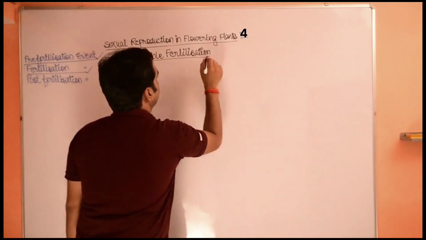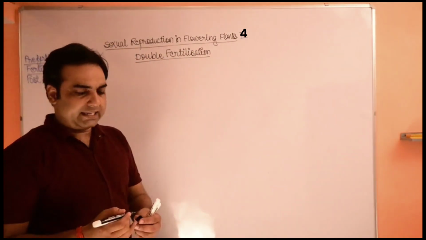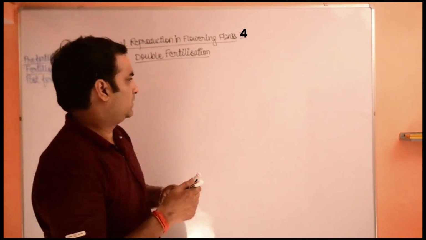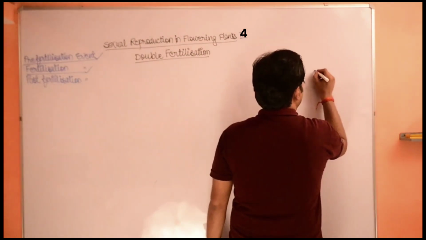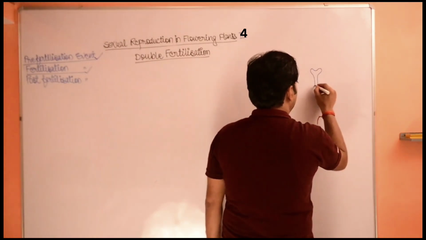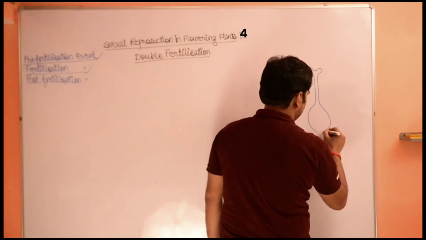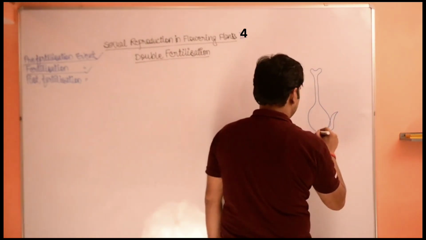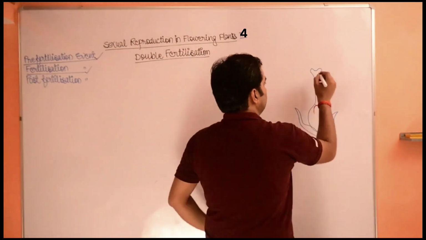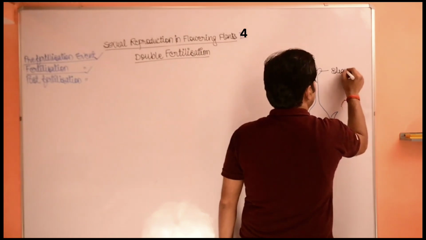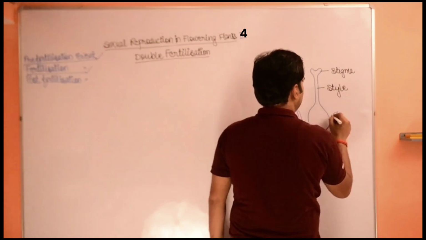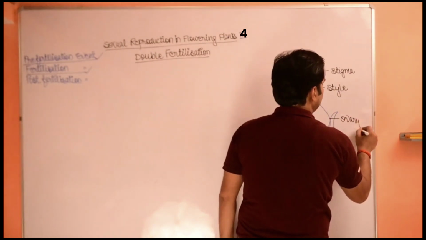In the first two videos, I explained the male gamete and female gamete. Before that, I need to introduce some topics. If I draw a female reproductive system, as I told you in the very beginning, this is called stigma, style, and this one is the ovary.